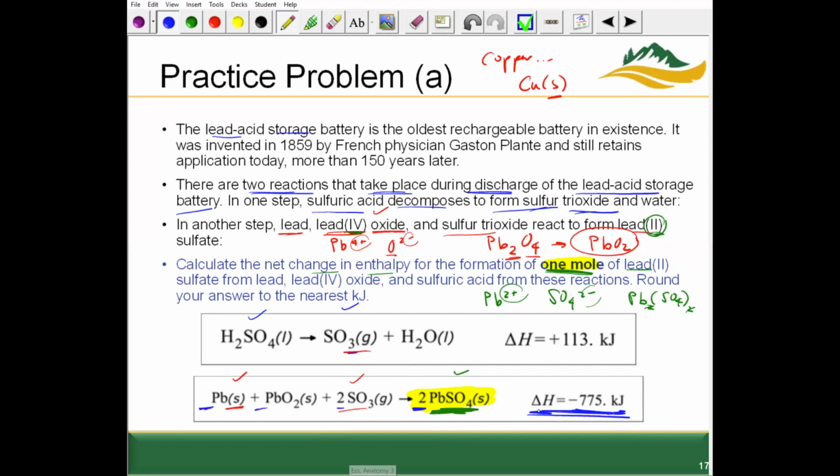So this delta H value refers to our balanced chemical reaction. This holds true for every 2 moles of lead 2 sulfate, 2 moles of sulfur trioxide. So we need to be really careful here and be sure to take into account these molar coefficients in this balanced reaction.